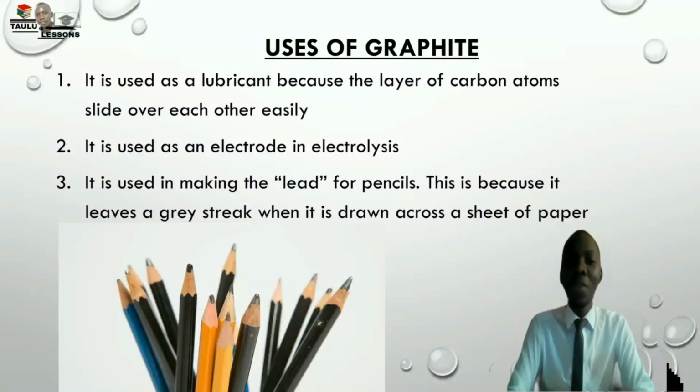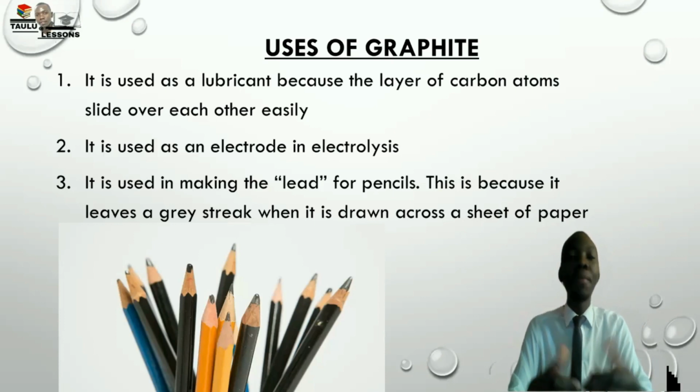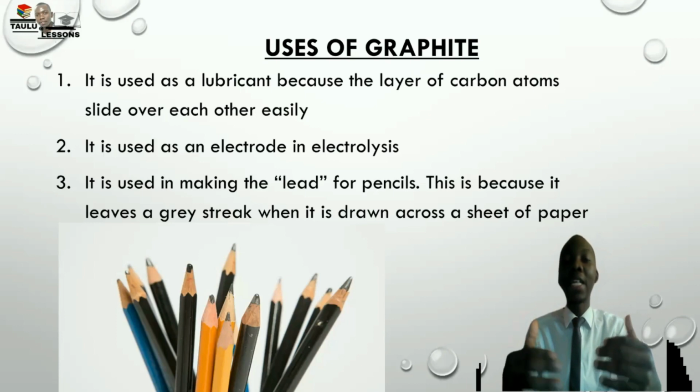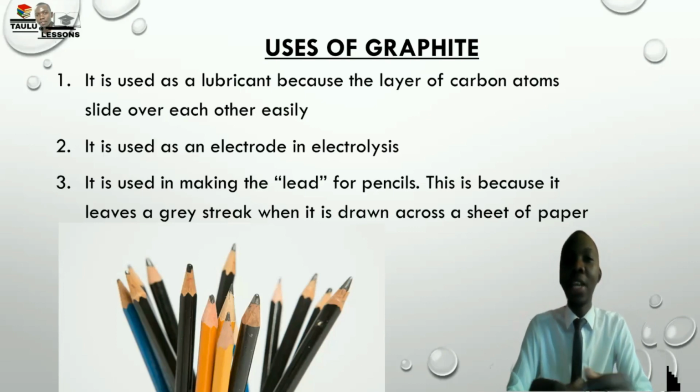What are some of the uses of this graphite we are talking about? Number 1, graphite is used as a lubricant, because the carbon atoms can slide over the other atoms. Number two, graphite is used as an electrode.